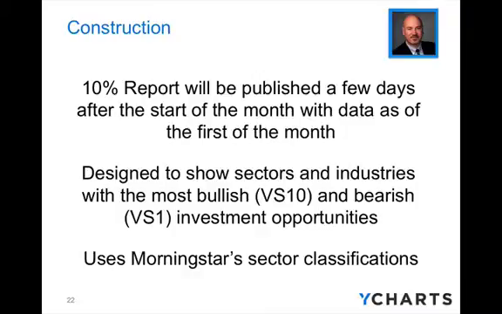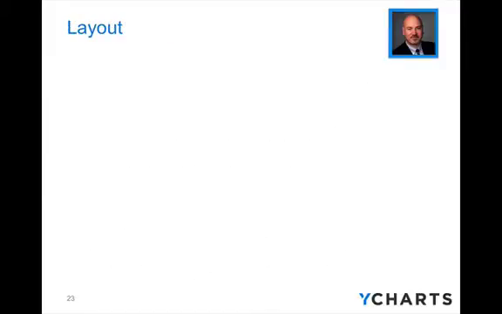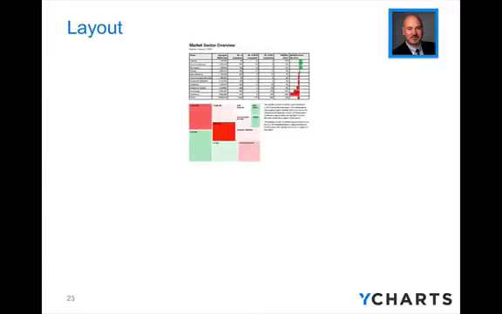Let's talk now about the layout of the report. So the first page, you'll see a table that has all of the sectors. Morningstar has 11 sectors in its universe. It has all of the sectors and the aggregate market cap for that sector, then the number of companies in each sector, and then the number of VS10 companies, the number of VS1 companies, and then what I call the bull-bear score.